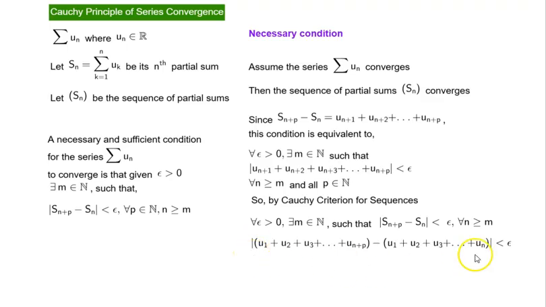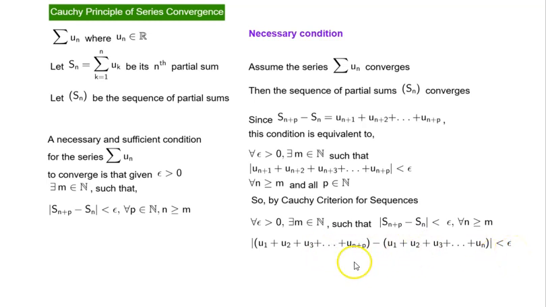We have the absolute value of u1 plus u2 plus u3 ... u sub n plus p, minus the nth partial sum, u1 plus u2 plus u3 plus ... plus u sub n, is less than epsilon.